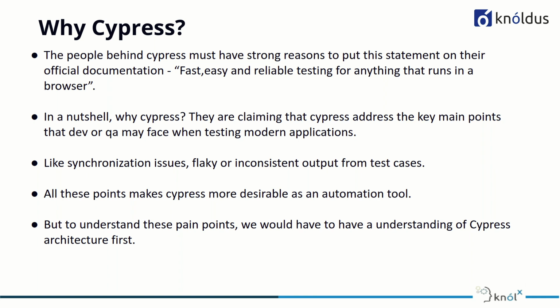Their claim is that Cypress addresses the main pain points that a QA or a dev may face while testing a web application. The issues are synchronization issues and flaky or inconsistent output from the same test cases. For example, suppose I have created a test script in Selenium to search something on Google. Let us assume that when I execute that test script, the first execution took almost 2 seconds.